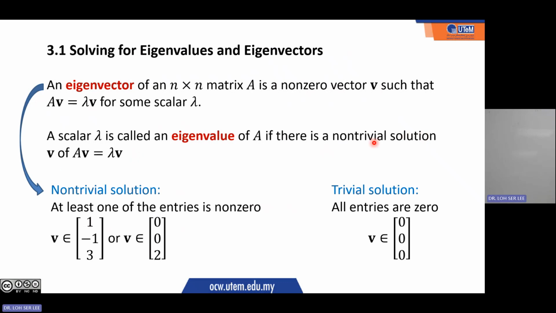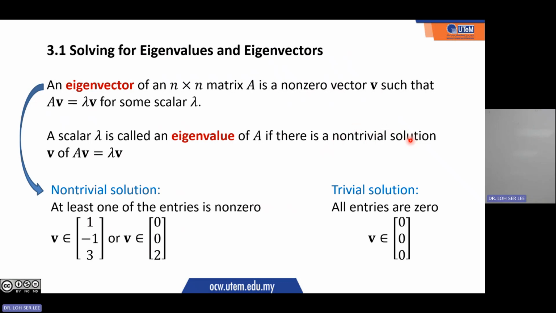Why do we call these non-trivial solutions? Because we can write this problem as a linear system, and we solve the linear system and get a solution v. We want the solution v to be a non-trivial solution.